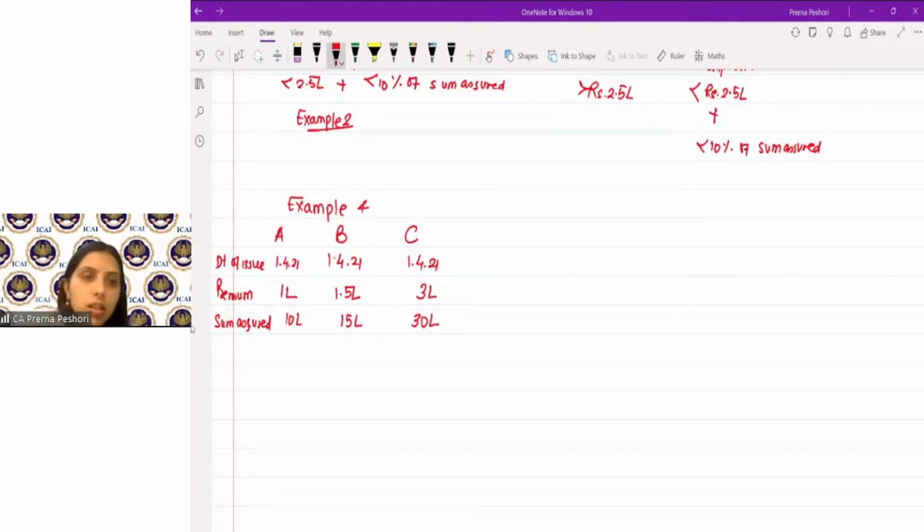Consideration received is 12 lakhs, 18 lakhs, and 34 lakhs. Whether in this case the exemption will be available or not.